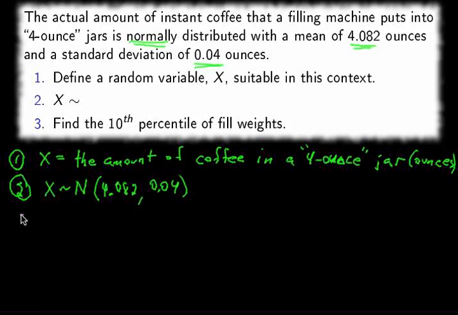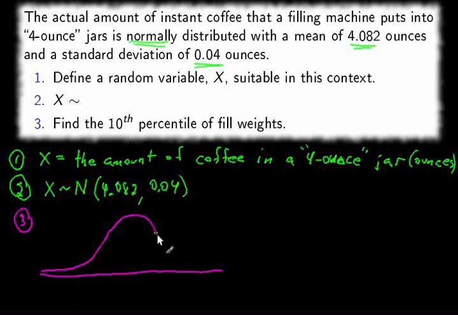So this is the number for which only 10% of jars are less than this weight. We can sketch a graph to help us get an estimate for our answer before we go to the computer and ask. The mean is 4.082. We have a bell curve because it's normal.